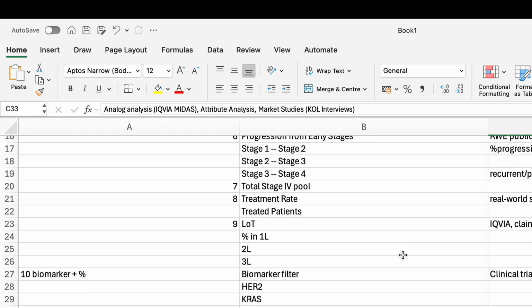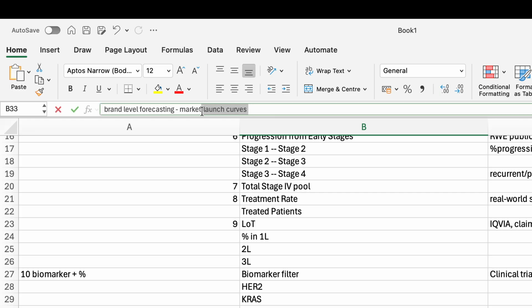So you would be making different launch curves here. This is a whole different concept, a very comprehensive concept, I would say.